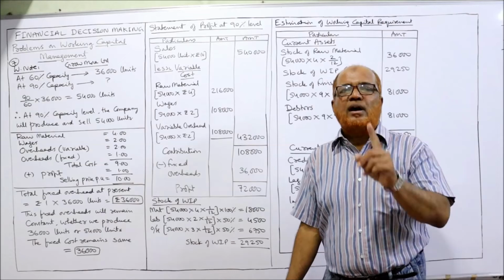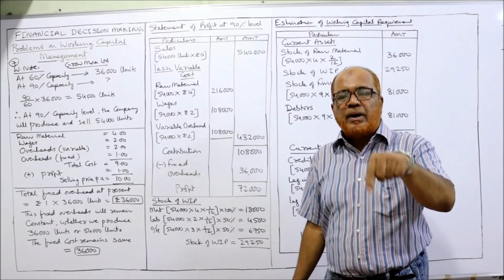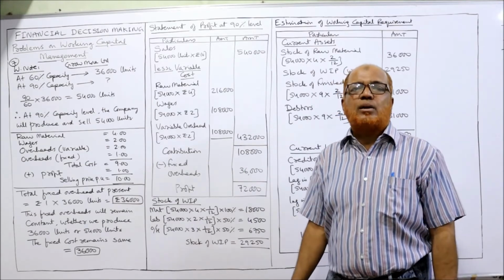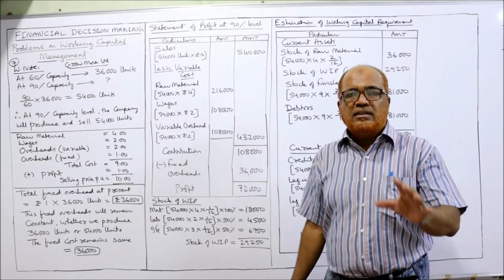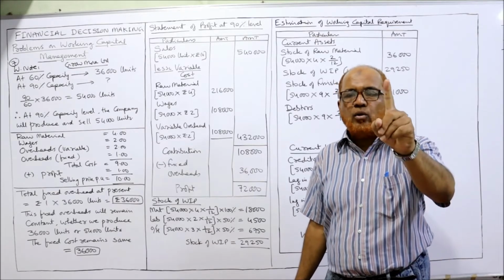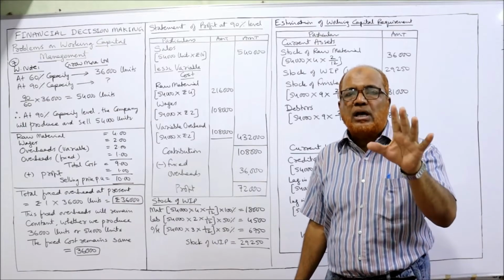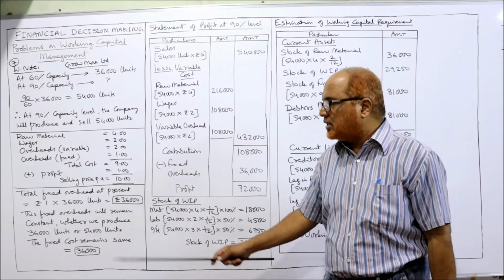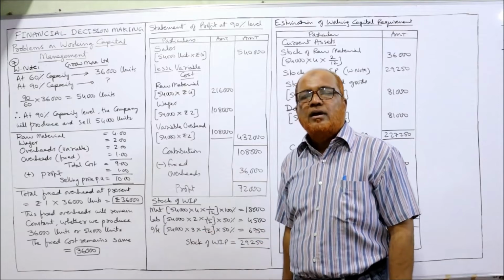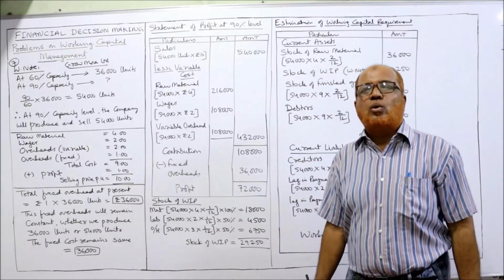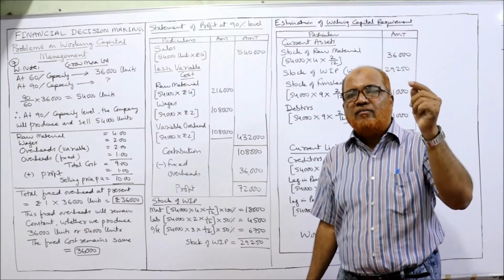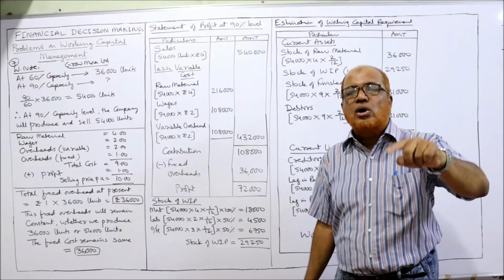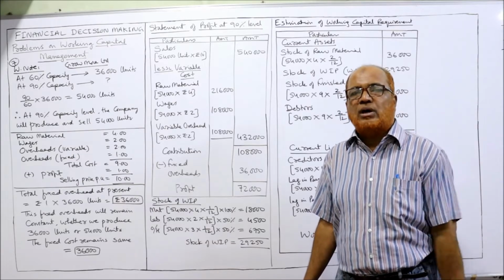Now, total fixed cost at present. Presently, the fixed overhead is 1 rupee per unit, and presently 36,000 units are produced. At 36,000 units, 1 rupee per unit, the total fixed overheads are 36,000 rupees. Now, the nature of fixed overhead is that the fixed cost will remain the same whether we make 36,000 units or 54,000 units.